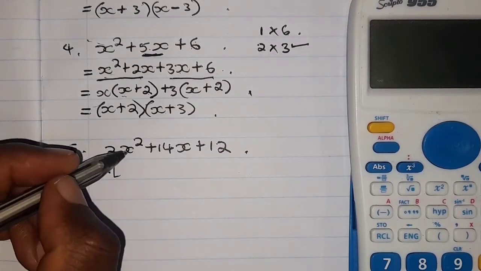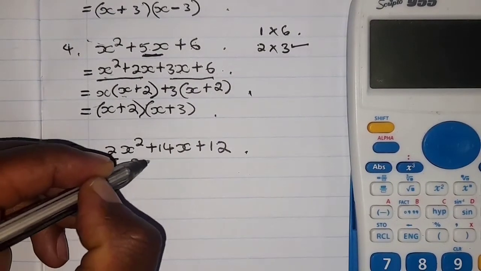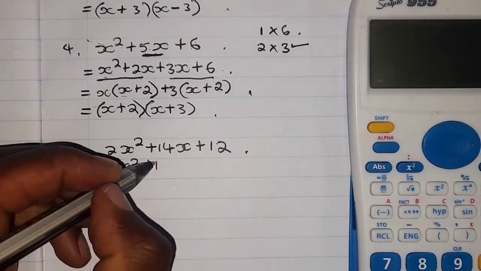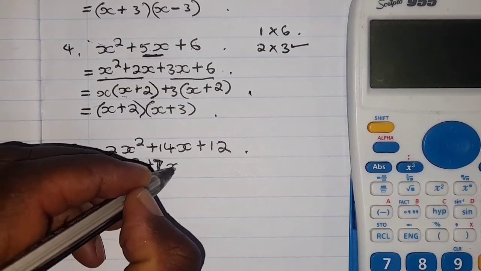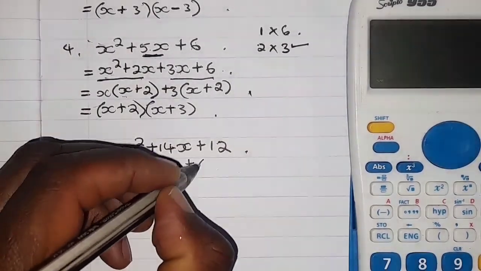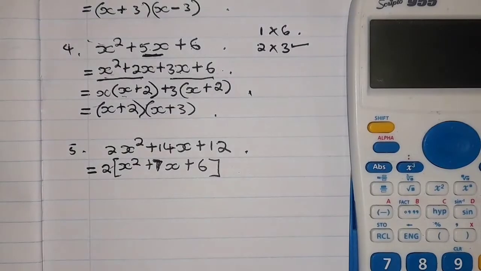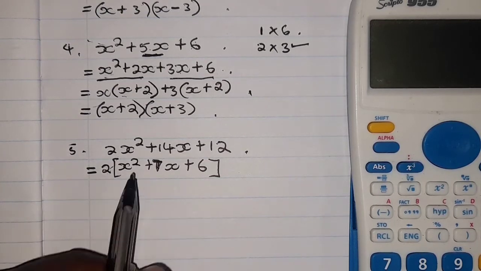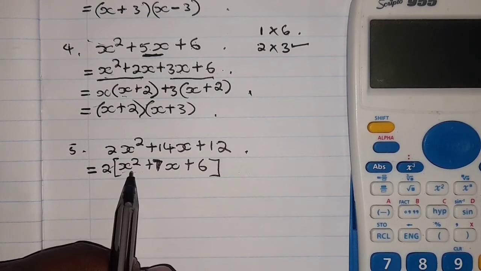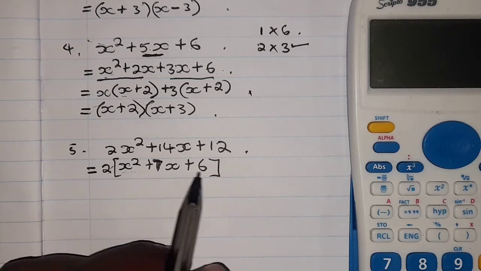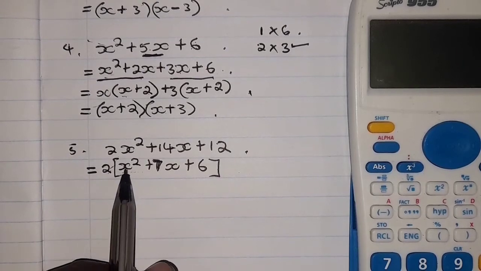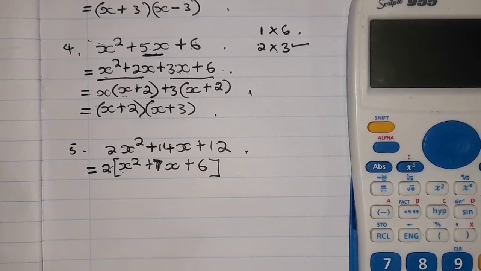It's 2 open bracket, we have x squared plus, 2 goes into 14 7 times, so it's 7x, and into 12 it's 6. So our expression now has 2 multiplied by the bracket of x squared plus 7x plus 6.